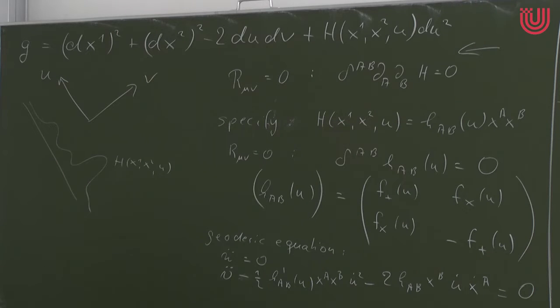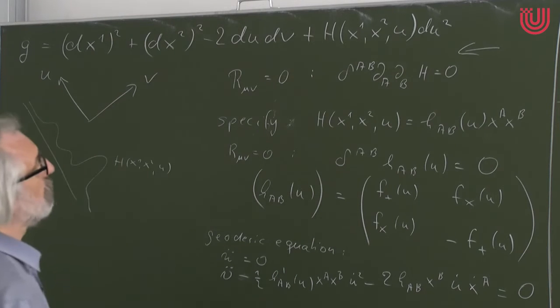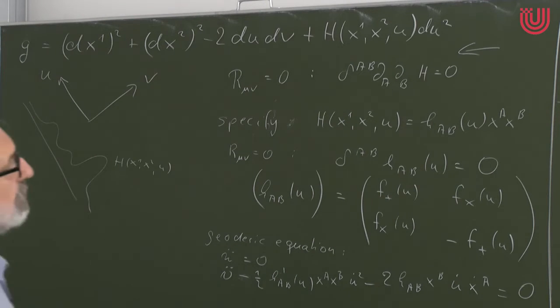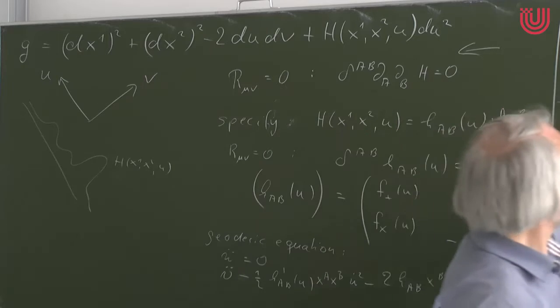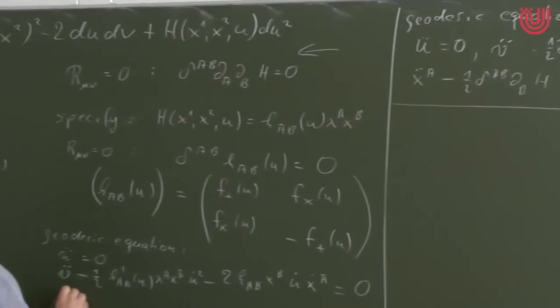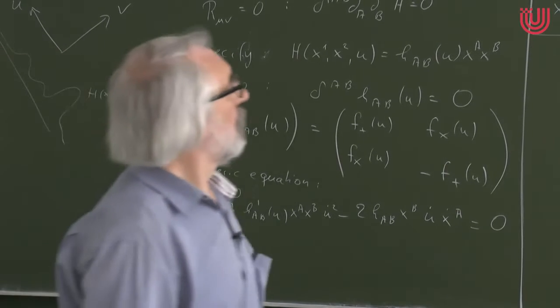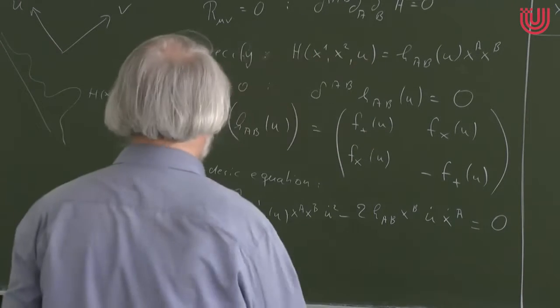Okay, I will not do much with this equation. Anyway, that's not so important, but the third equation is important. I can write this as a matrix equation now. So then it is x1 double dot, x2 double dot. And here I have 1/2.